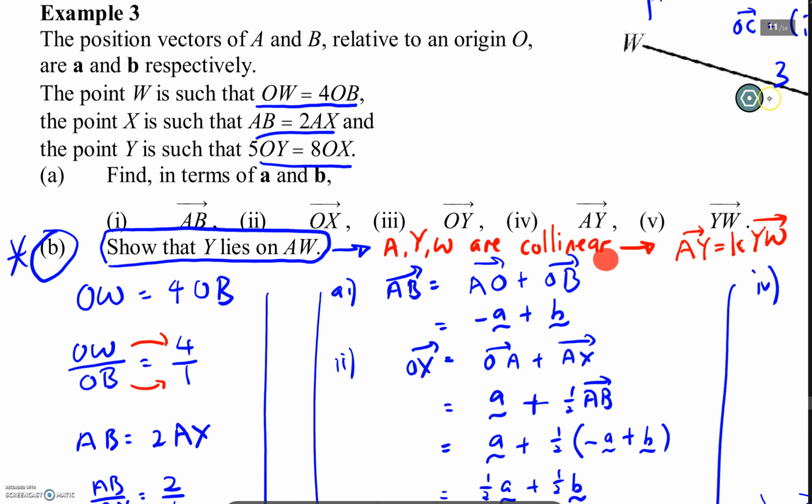If they are collinear, that means Y lies on AW. Do you follow? I can show AY and YW. I can also show AY and what? AW. You can also write AY equals K times of AW.